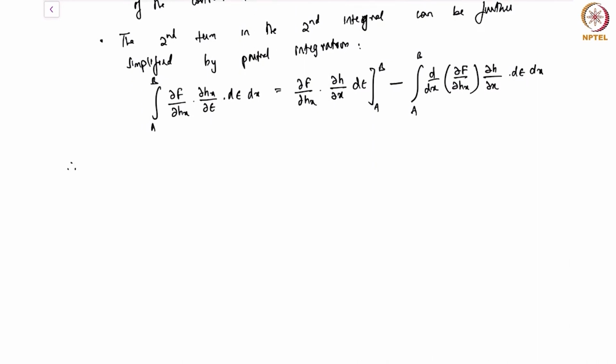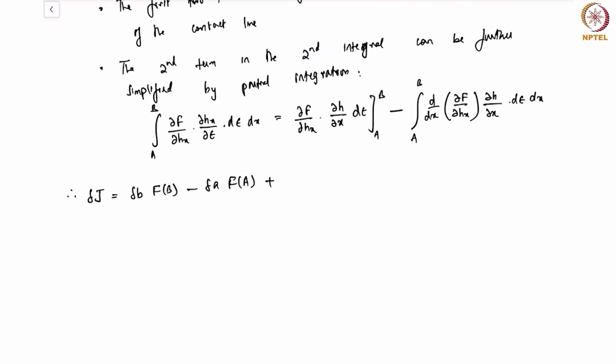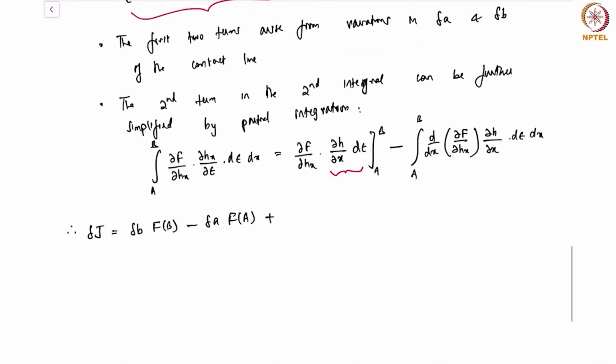Therefore, delta J, that's the variation in the functional J. Now putting together, we get del b f of b minus del a f of a, plus, now I can take the first term in this quantity here. I made a small error here somewhere. This should be the derivative with respect to epsilon, sorry. This quantity here is nothing but delta h, right?